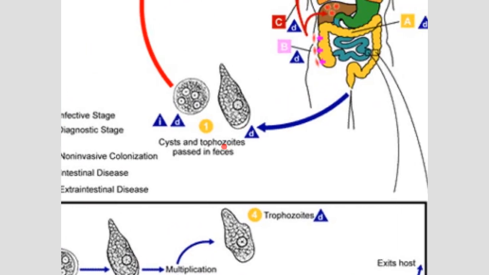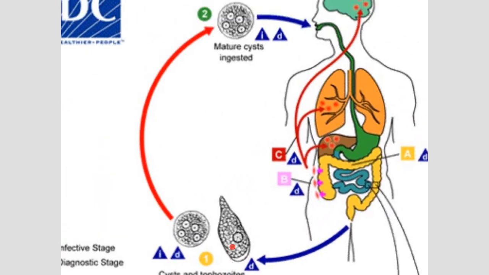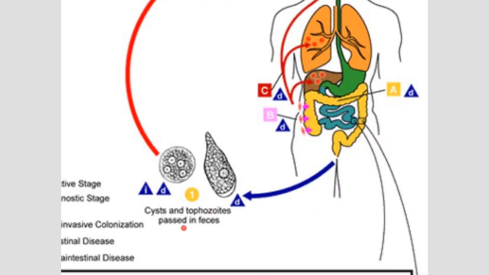Okay. Now, if you go back again, look at the cyst and trophozoite passed in the feces. You can see from here, and they are both infective, especially the cyst. Trophozoites per se are not infective, but are diagnostic.